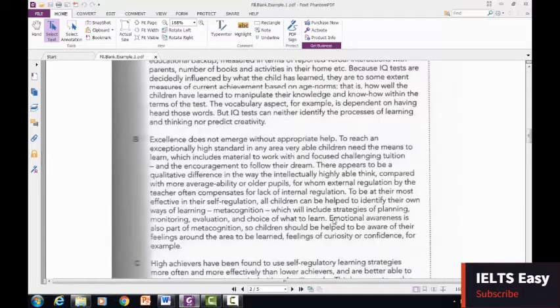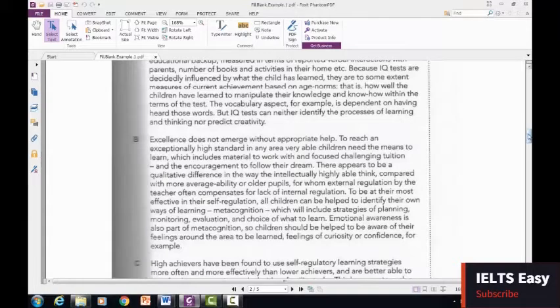So this sentence, starting with the words emotional awareness, is the one we need to look at in terms of what is developed. Our sentence says, emotional awareness is also part of metacognition. So children should be helped to be aware of their feelings around the area to be learned. Feelings of curiosity or confidence, for example.